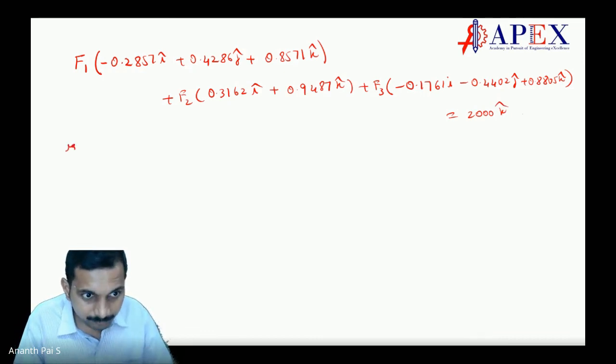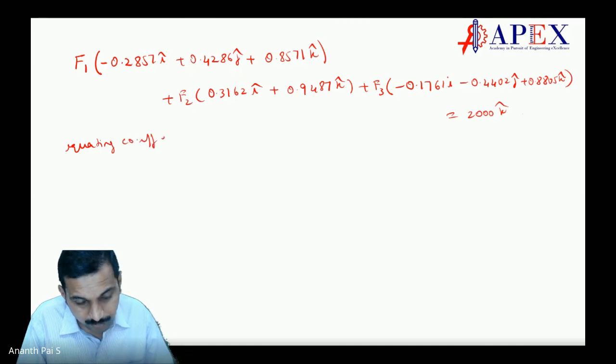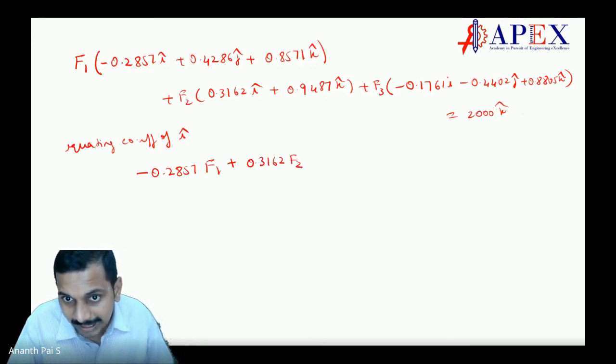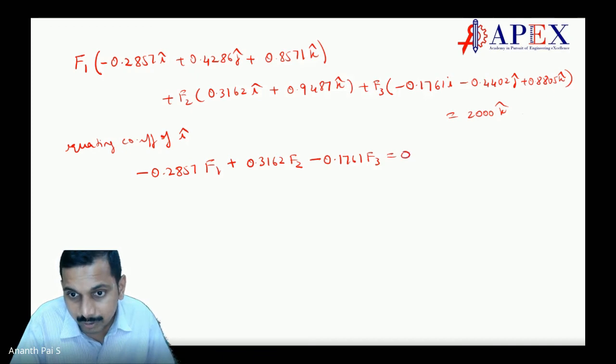Equating coefficients of i, what we will get? Minus 0.2857 F1 plus 0.3162 F2, then we get minus 0.1761 F3 is equal to 0.